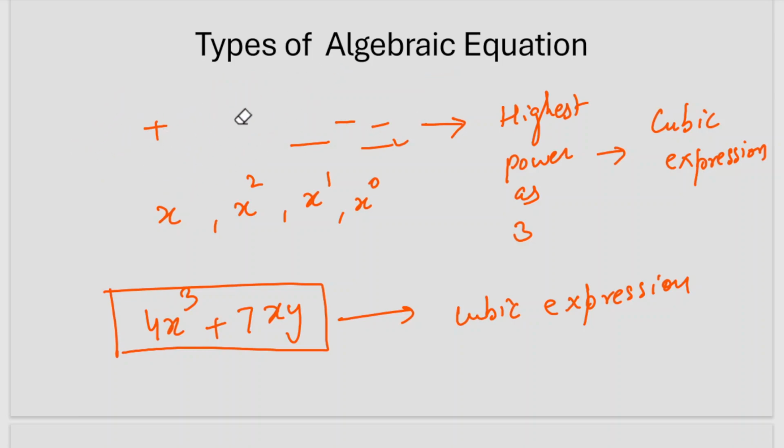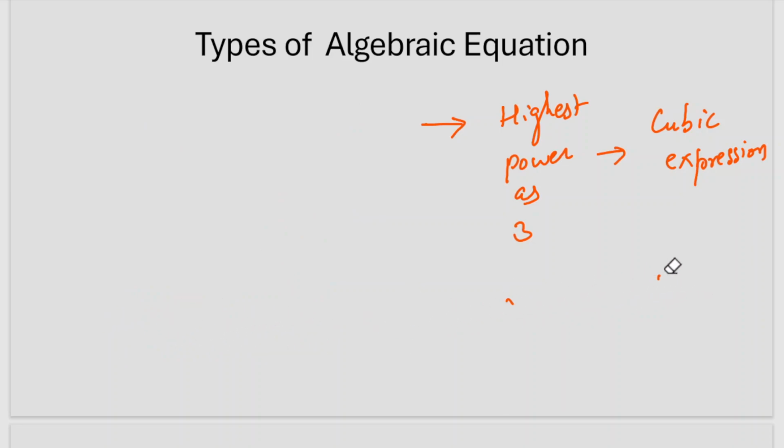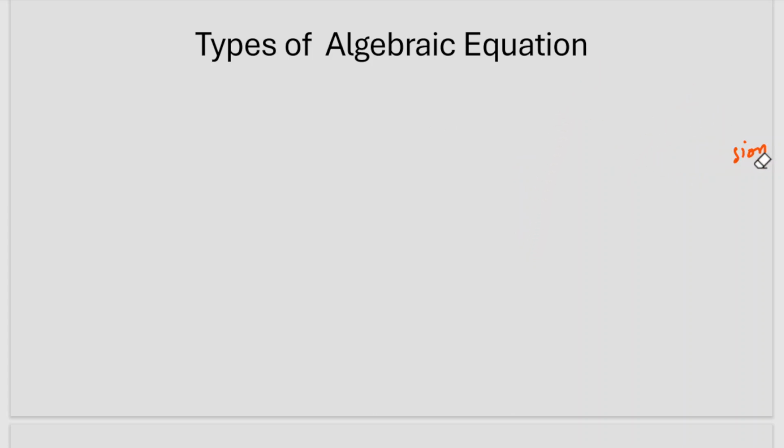Now coming back to this question, what are the types of algebraic equation? Now it is very easy to understand, because we have covered linear expression, quadratic expression, and cubic expression. So if I tell you what type of expression is this, you will say, sir, this is a linear expression.